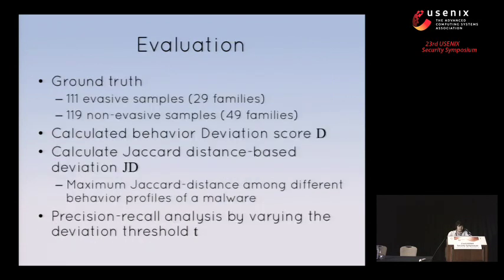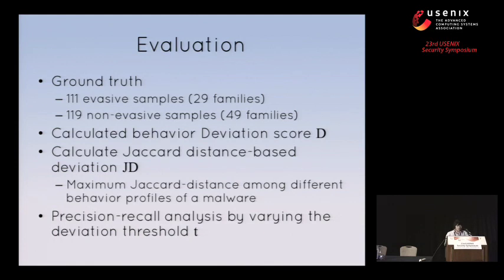To evaluate our system, we generated the ground truth. We received 234 recent and possibly evasive samples from a security company. We manually analyzed them and found that 111 out of 234 samples were in fact evasive.